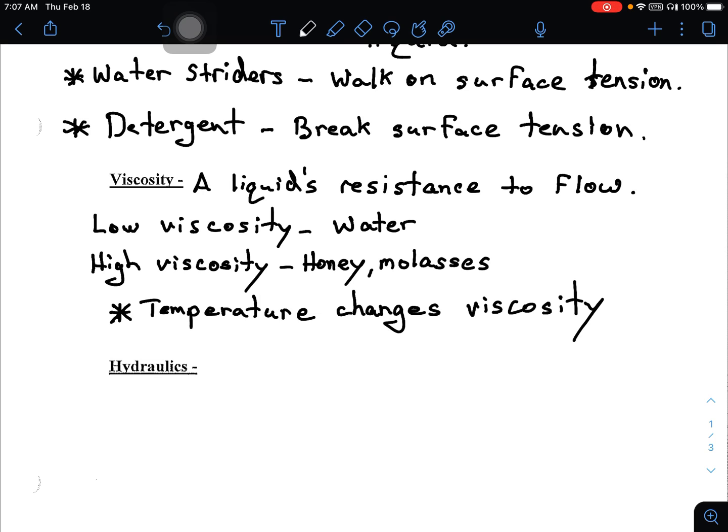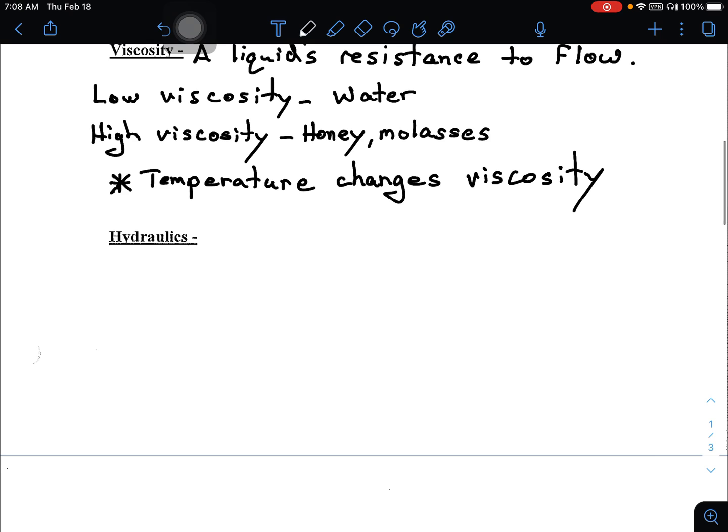And motor oil as well, when it gets hot, the viscosity is lower. It flows much more easily. And when it's cold, the viscosity is a lot higher.